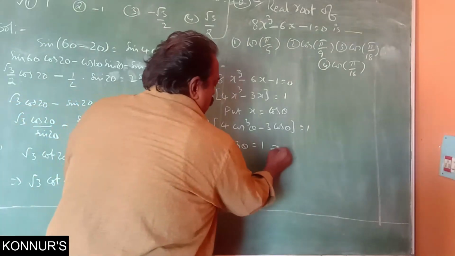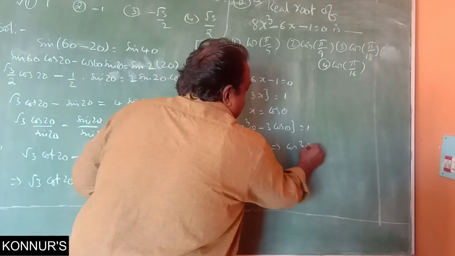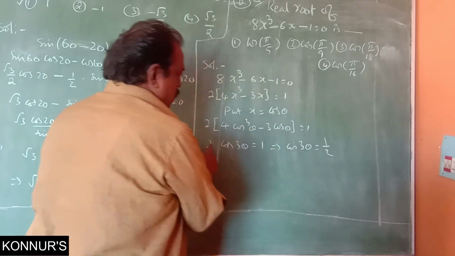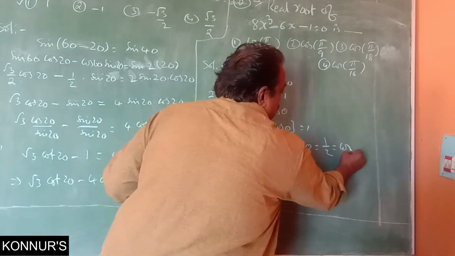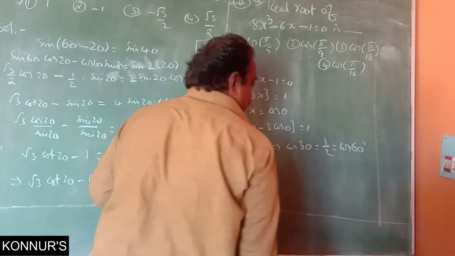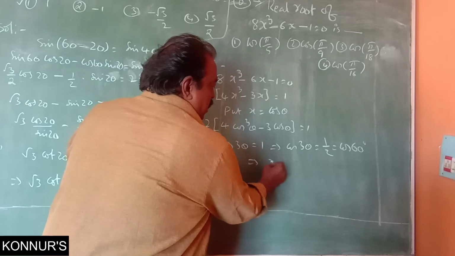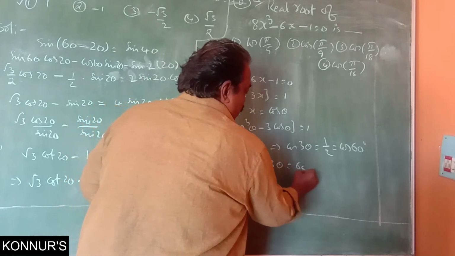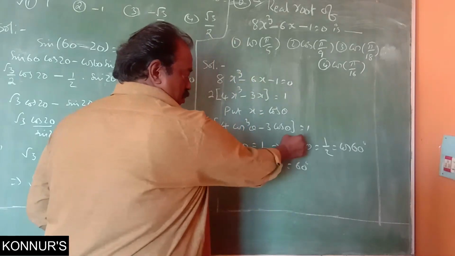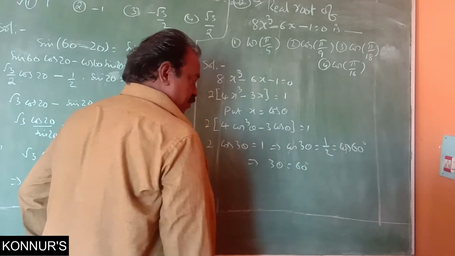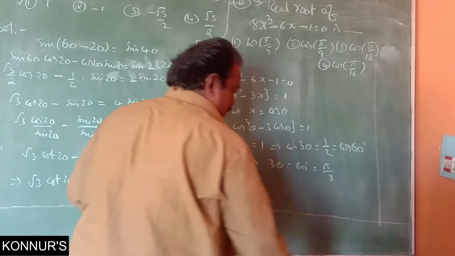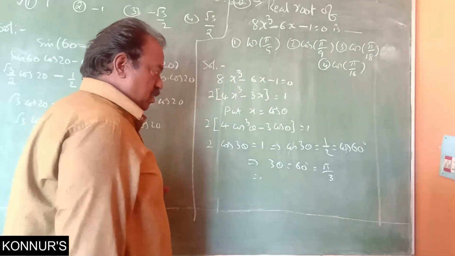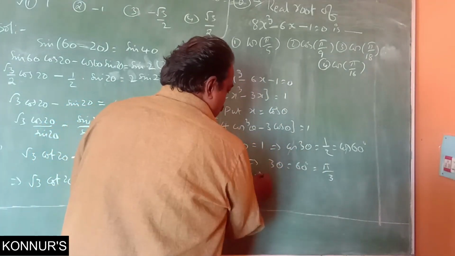Now, you see, cos 3 theta is 1 by 2. This 2 goes to that side as 1 by 2, and 1 by 2 is nothing but cos 60. So here 3 theta is equal to 60 degrees after removing the cos. That implies it is pi by 3. 60 degrees means pi by 3 radians.